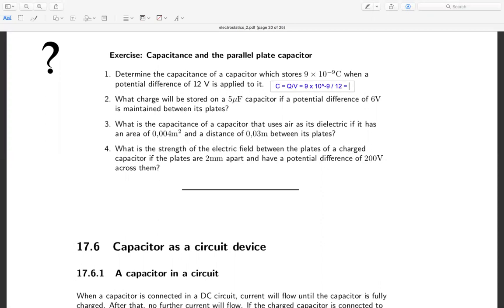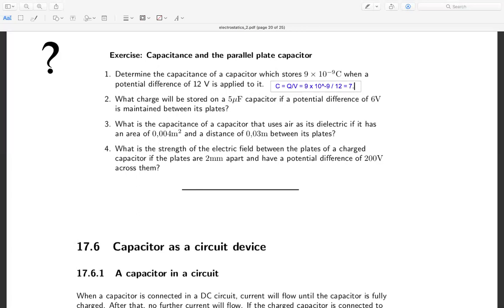Let me take the calculator first. Nine divided by 12 equals 0.75.